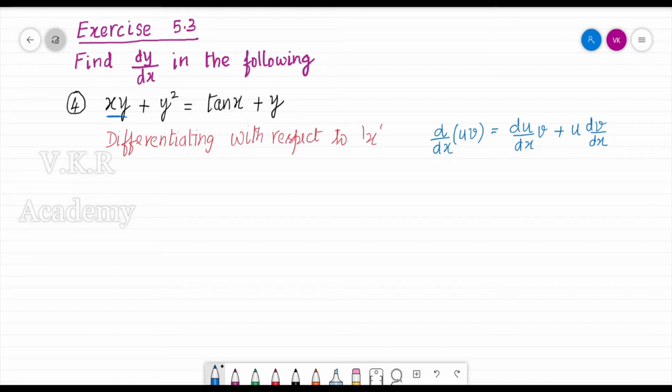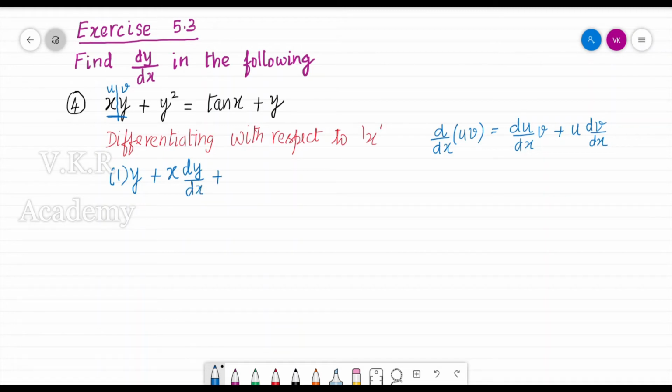So one factor x can be taken as u and y can be taken as v, and applying the product rule we get dx by dx, that is differentiating x with respect to x, we get 1 into y, that is v, plus now keep u as such, that is x as such, differentiating v, here v is equal to y with respect to x, we get dy by dx.